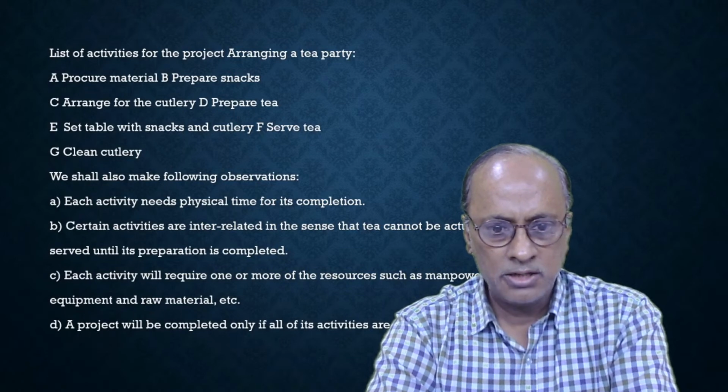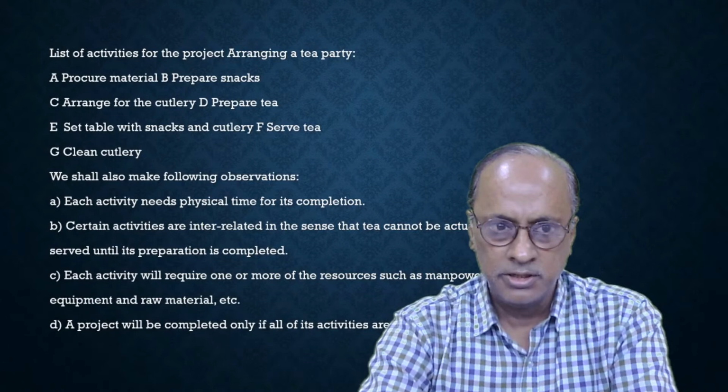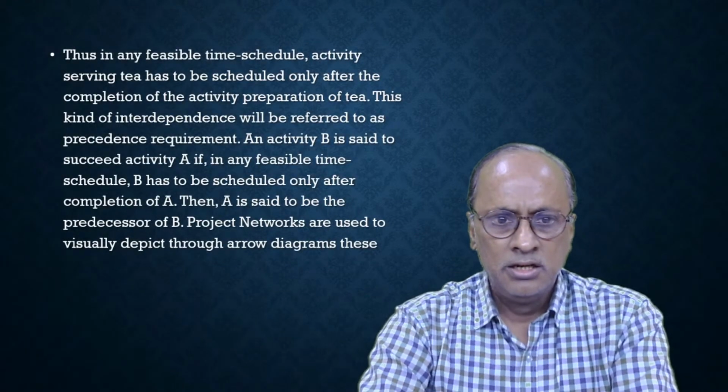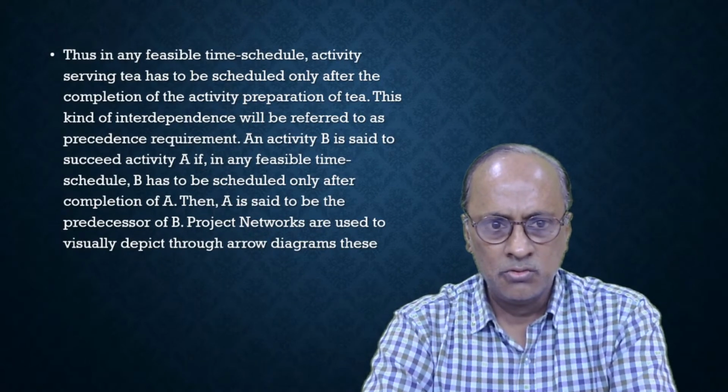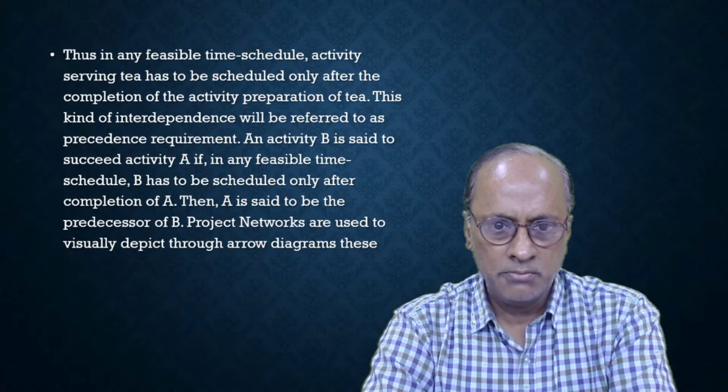A project will be completed only if all the activities are completed. Thus, in any feasible time schedule, the activity serving tea has to be scheduled only after the completion of the activity preparation of tea. This kind of interdependence will be referred to as precedence requirement.